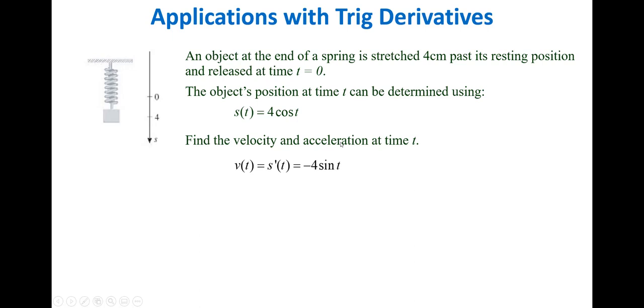And then to get the acceleration, you'd take the derivative of velocity, which then essentially gives us the second derivative of position, and taking the derivative of negative 4 times sine of t. Derivative of sine is cosine. The negative 4 stays in front. Therefore, acceleration would be negative 4 cosine of t.